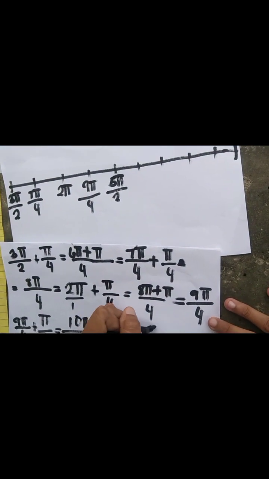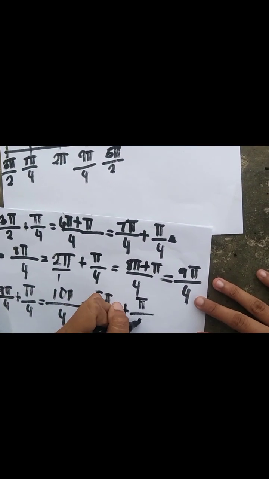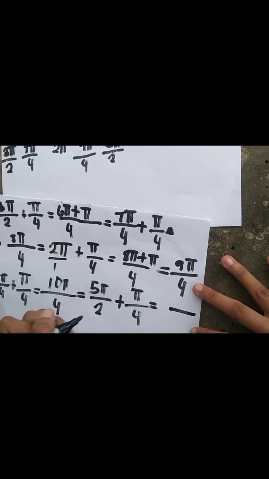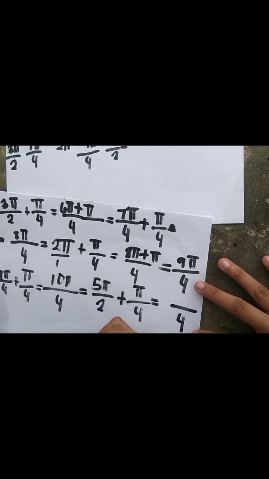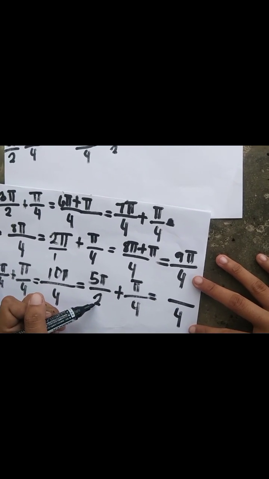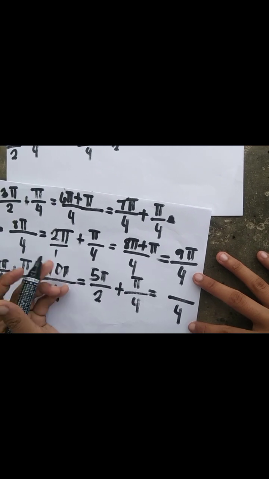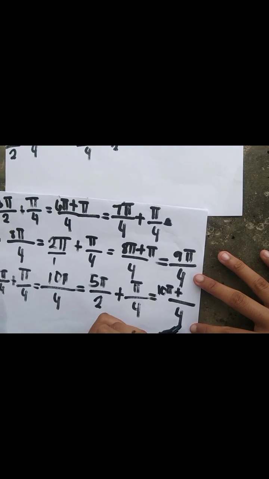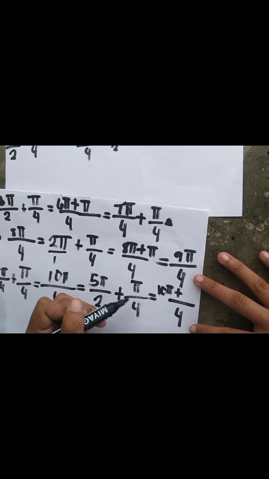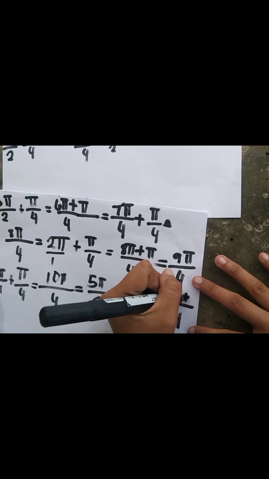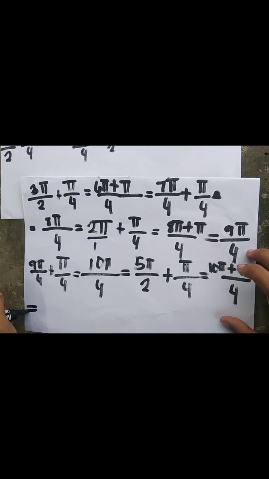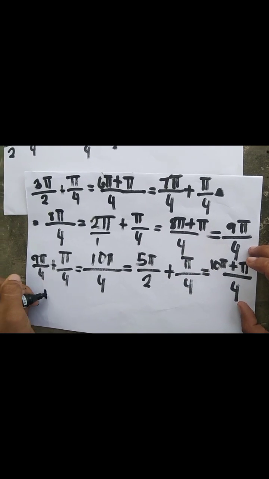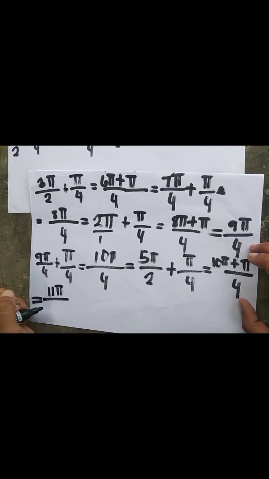Then add pi over 4 equals 4. 4 divided by 2 equals 2 times 5 pi equals 10 pi, plus 4 divided by 4 equals 1 times pi equals pi, so 10 pi plus pi equals 11 pi over 4.